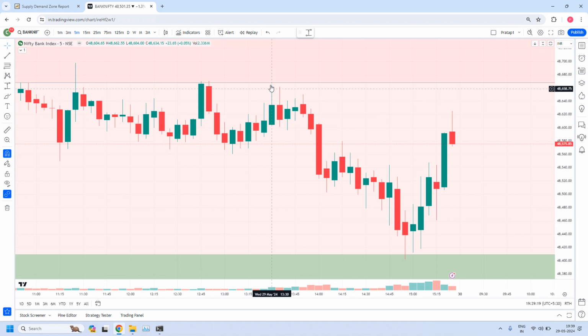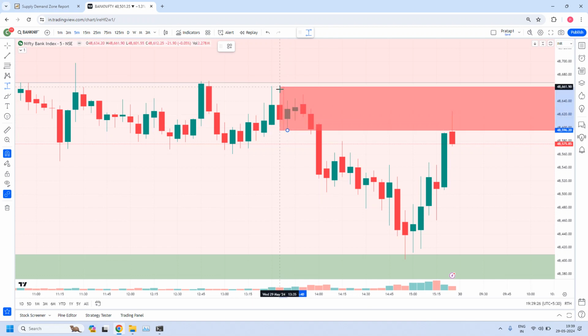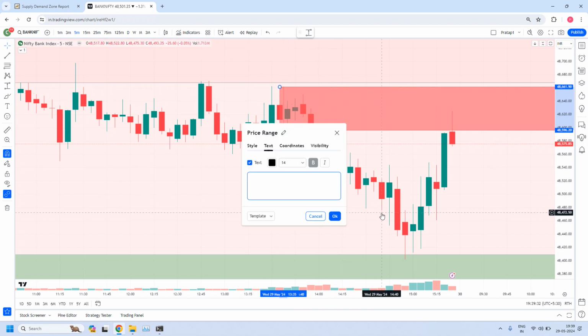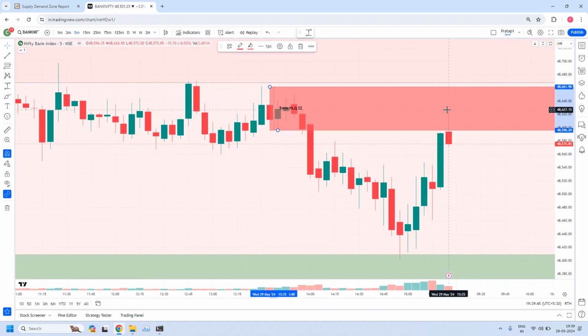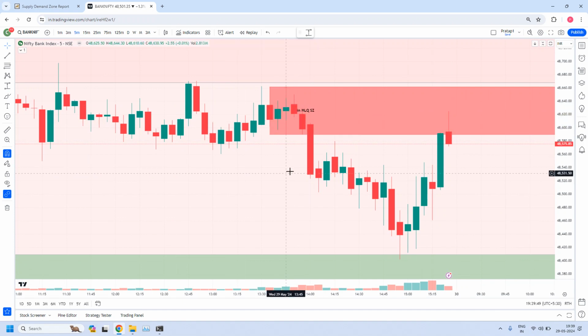This is the ERC candle as a leg-in, and these 3, 4. Wick to wick here. I am drawing wick to wick.